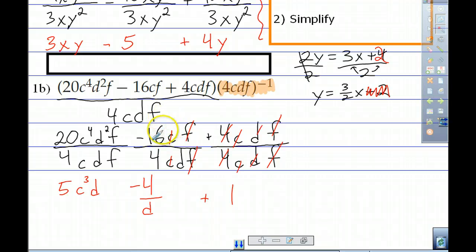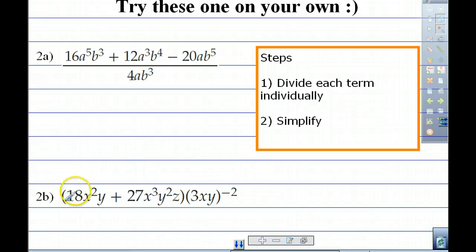Okay, let's have you guys practice. Really, let's just practice one like this. I think the first one we can all do, but let's practice one like this. So why don't you go ahead and do 2b. Notice how this is to the second power. So to start off, we will have 3xy on the bottom raised to the second power.